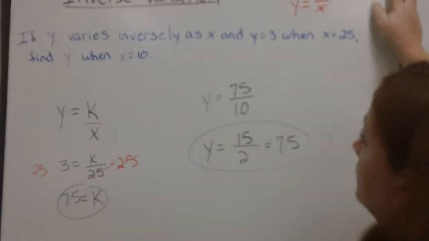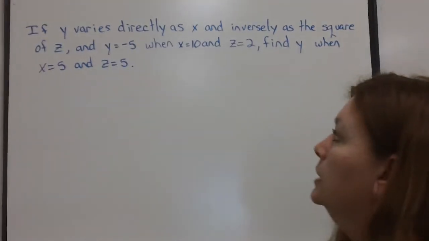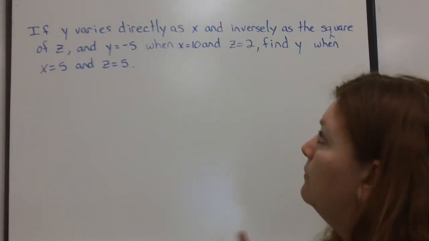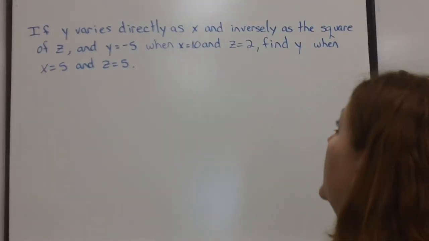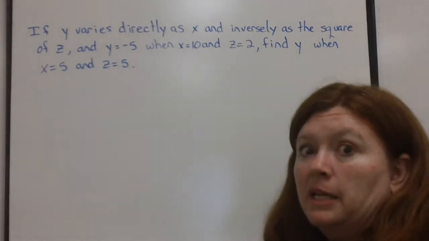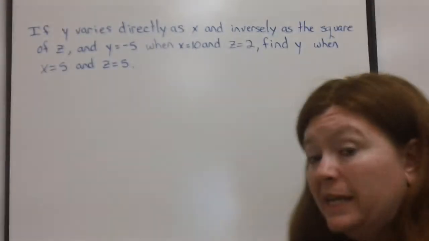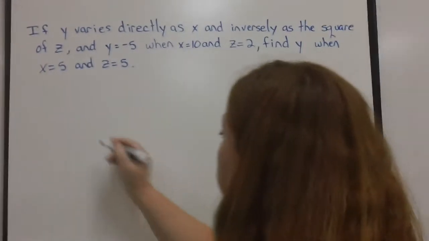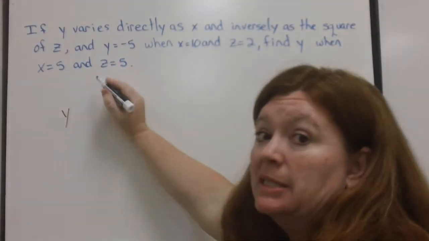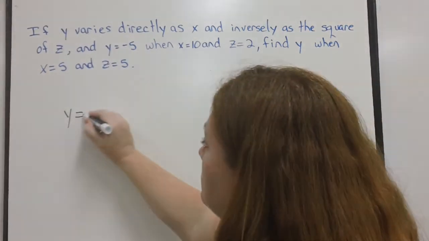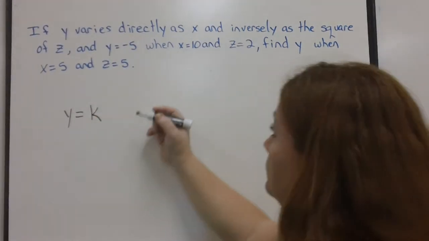So I want to give you one more, which would be right here. If y varies directly as x and inversely as the square of z, oh my goodness, write it as you read it. Y varies equals k. K is some number.